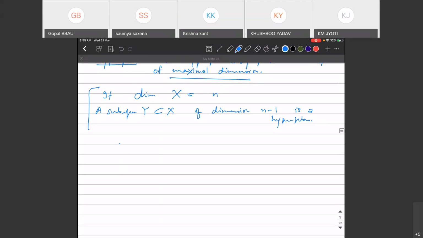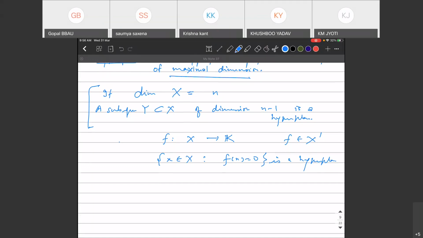If you remember, we have shown that if f is a linear functional, then the set where f x is 0 is a hyperplane. Do you remember this? We have proven this part.